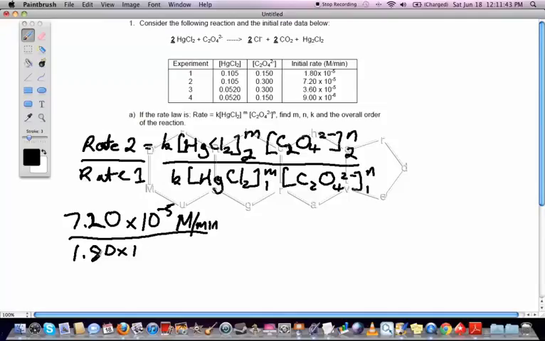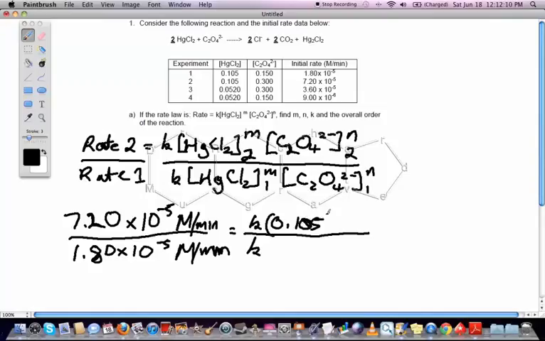And 1.80 times 10 to the negative 5 molar per minute down here equals K. Okay, and the HgCl2 here is going to be 0.105, and that's the M, and 0.105 again.